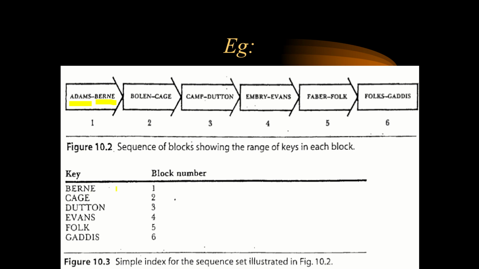So Bernie acts as the key for my block 1. Similarly, here Cage acts as the key for my block 2. Similarly, the larger key of every block acts as an index here.